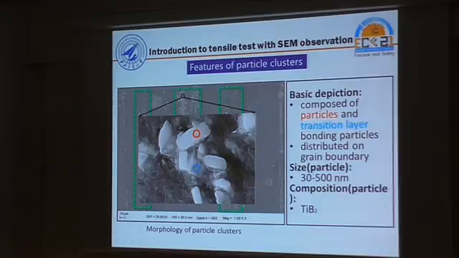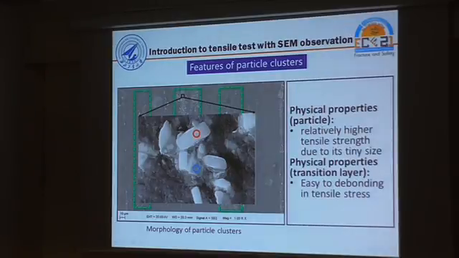The size of a particle is about 30 to 500 nanometers, and the composition of the small particle is titanium diboride. As the small particle has relatively higher tensile strength due to its tiny size, the transition layer is easy to debond under tensile stress.